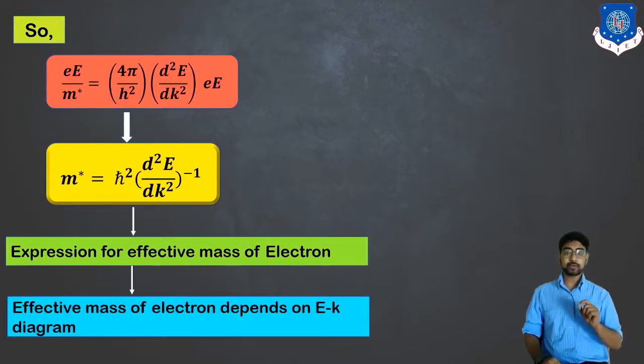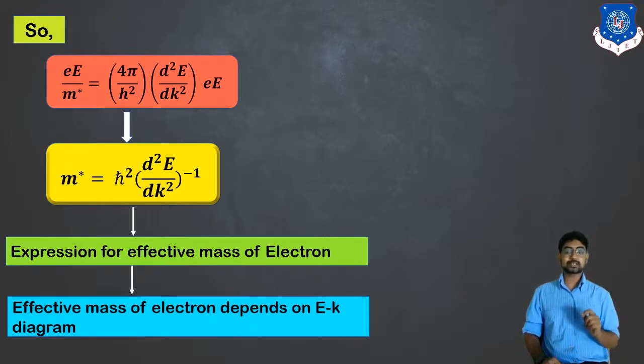Now what we are doing, 4π²/h² can also be written in the term of h-bar squared. Okay, and we are getting d²E upon dk². So when we are getting this term, see, eE is getting cancelled out from both sides. So finally m star is equal to h-bar squared into (d²E/dk²) raised to minus 1.